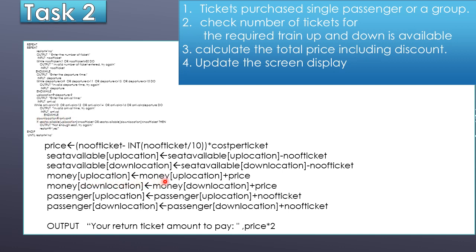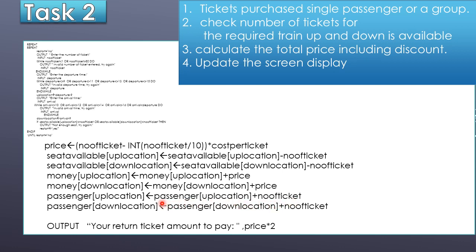For the first train the location is going to be 1, so the first location is updated with the price, as well as the down location is updated with the price. Similarly for passengers, for the up train and the down train, the number of tickets is the number of passengers traveled, so that number is added to the existing passenger count.